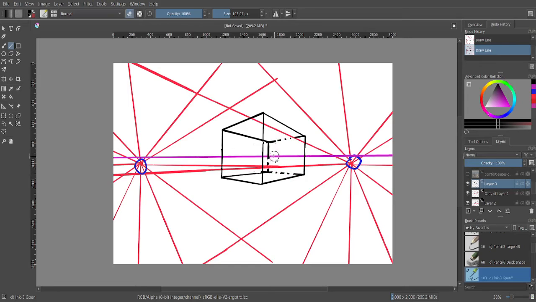Pretty simple. The only difference is that we follow 2 lines now instead of 1, leading to 2 vanishing points, and only the vertical lines are parallel.